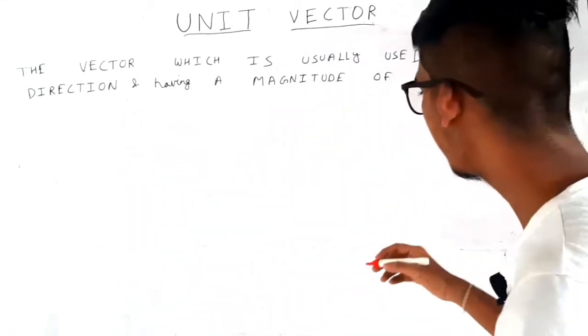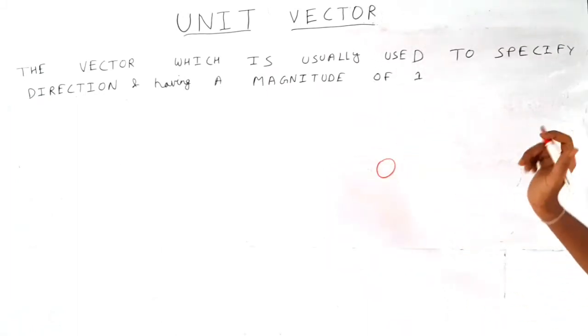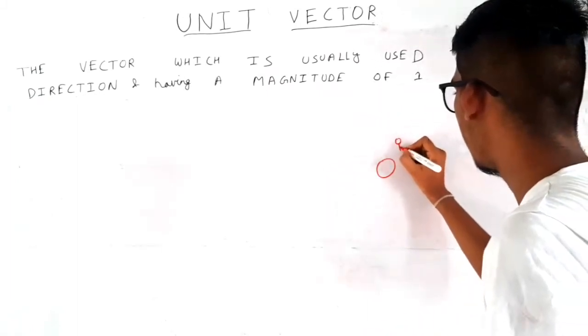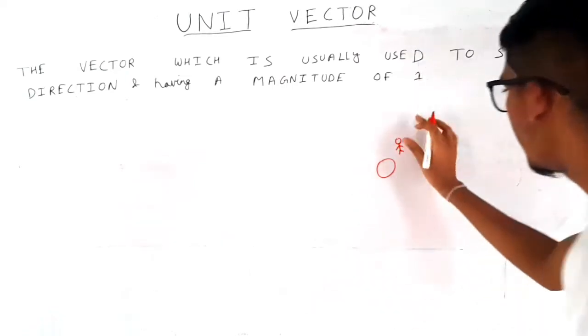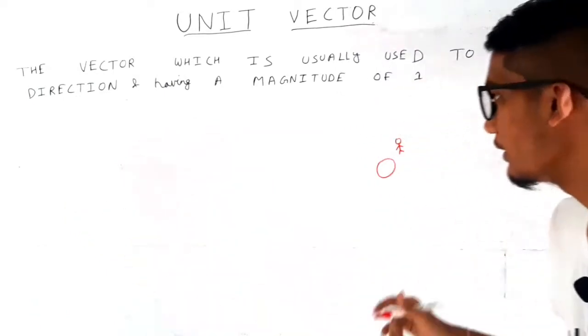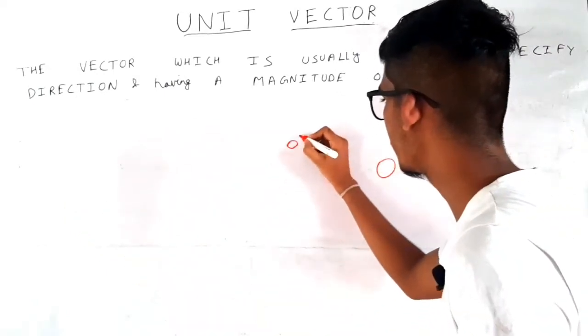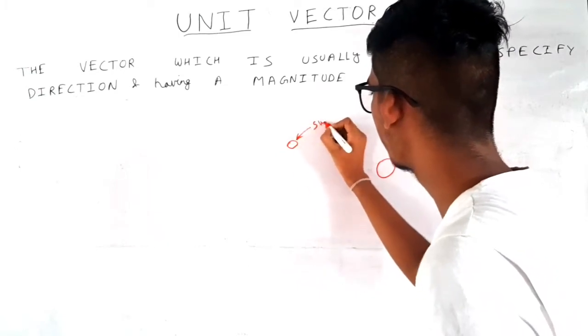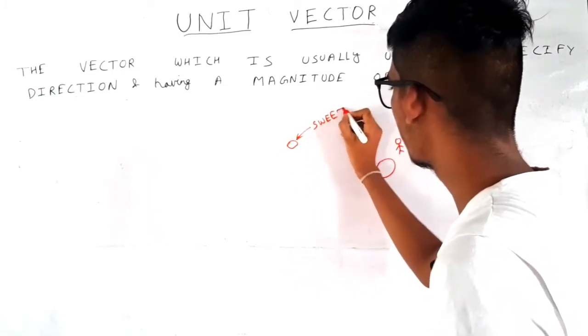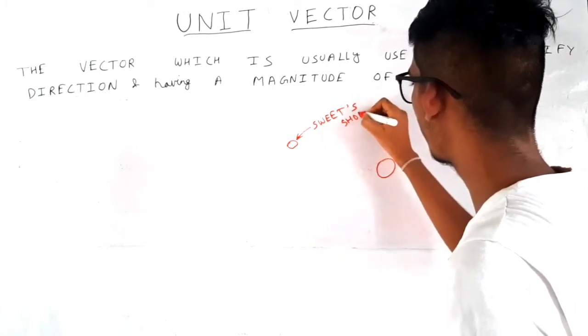Let's take an example: Mr. Patel is standing at a chowk. He knows that a sweet shop is 4 kilometers from his position. Let's suppose this is the sweet shop.